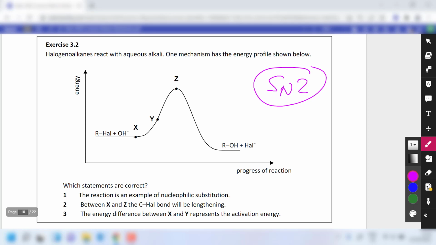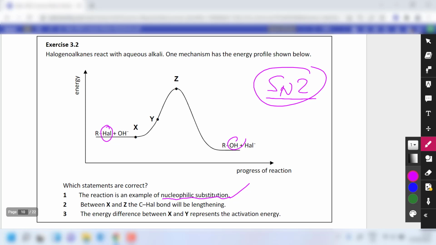Okay, then the question asks you which statements are correct. Statement 1: the reaction is an example of nucleophilic substitution. I cannot deny this because once I read SN2, we're talking about nucleophilic substitution. And of course, you see that a halogen is being replaced by an OH. So statement 1 is correct. Statement 2: between X and Z, the C-halogen bond will be lengthening.